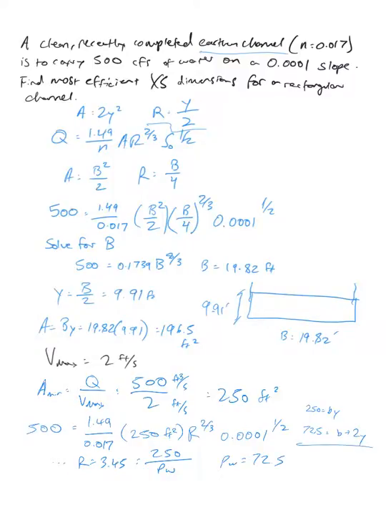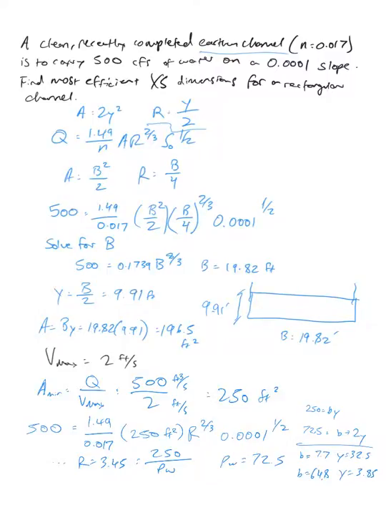So two equations, two unknowns, and I can solve for B and y. And if I do that, I actually get two solutions: B equals 7.7, y equals 32.5, or B equals 64.8, y equals 3.85.